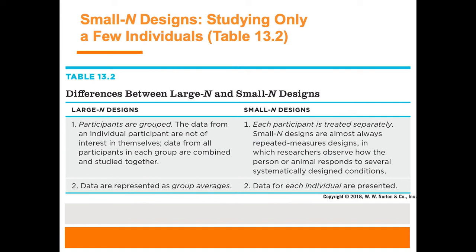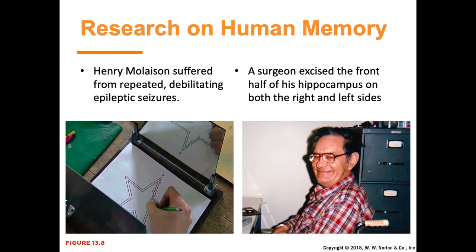But with small n designs, each person's reactions or behaviors are individually important, so we can report those individually, right? So with graphs or some other thing, that sort of depiction is important, and less about the statistical significance and overall differences there, more about the pattern of behavior or responses.